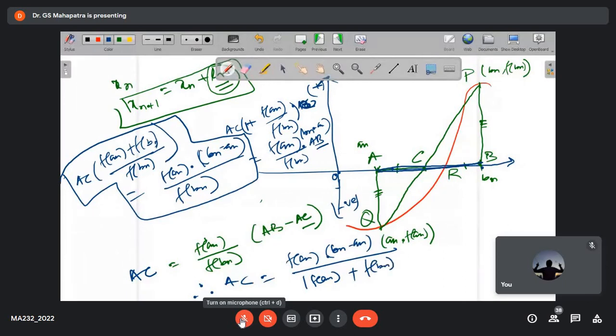To maintain generality, that means sign, we take modulus of all, so these are the modulus form, positive values of the distances.